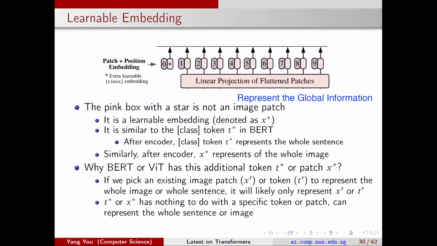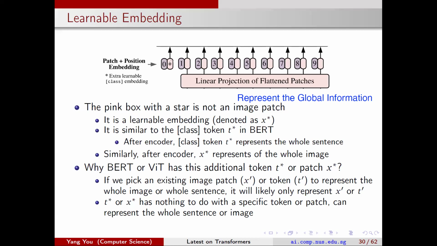There's another one, which is the class token from BERT. Because we use a BERT-like approach, BERT had a CLS token, so here we have an X_class. You see the pink box; this one is not attached to any patch, and we add this embedding manually. Why do we need it?